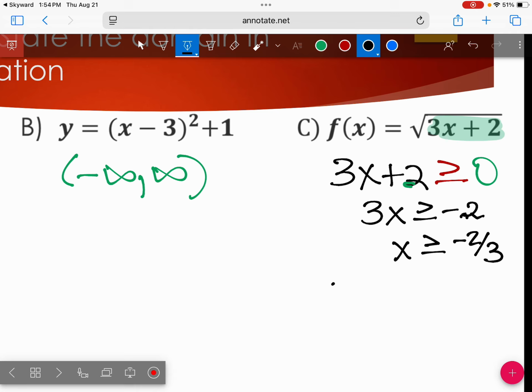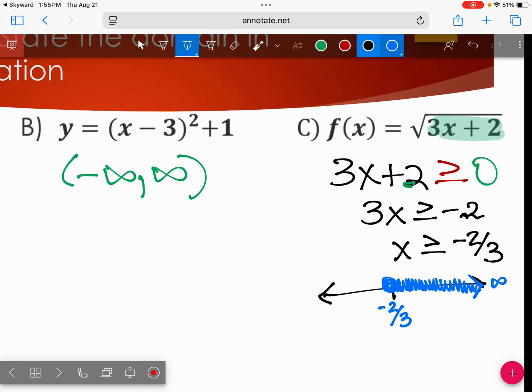Now you do not have to graph this, but I'm going to show you what it would look like if it was graphed, because I think that might help some of the people who struggle with interval notation. What this means is I'm going to start at negative 2/3 and then I'm going to the right. Just like you read a book from left to right, that is how you read an interval.